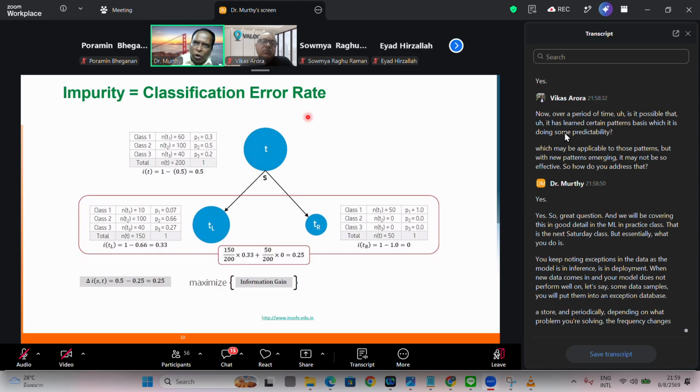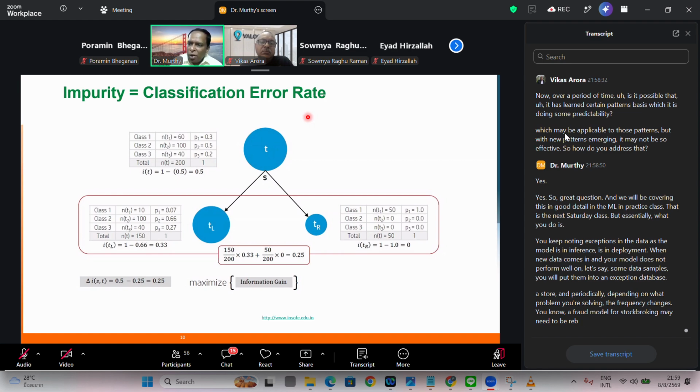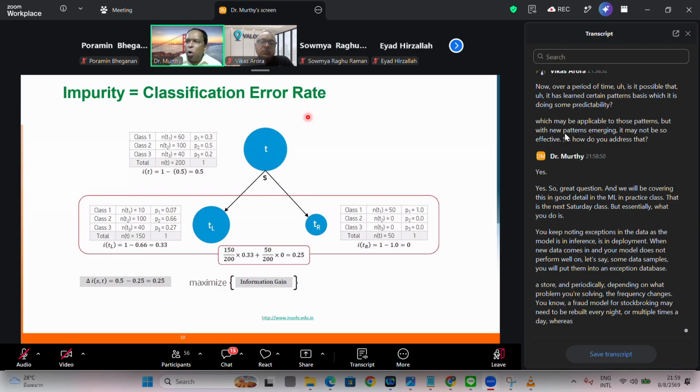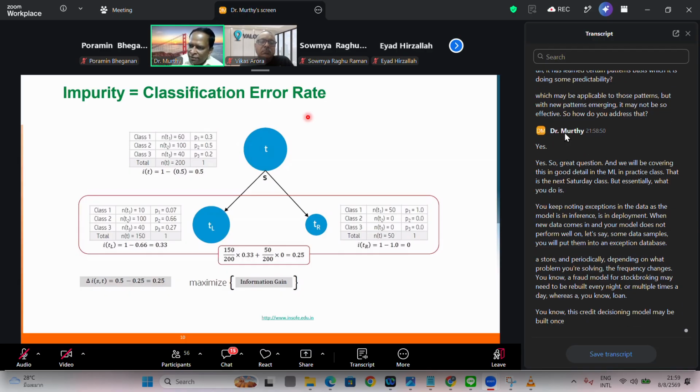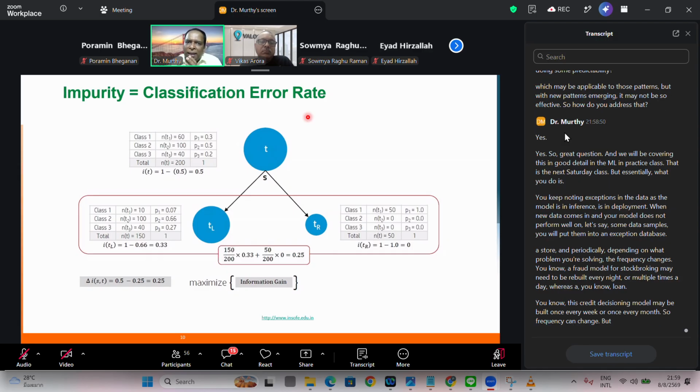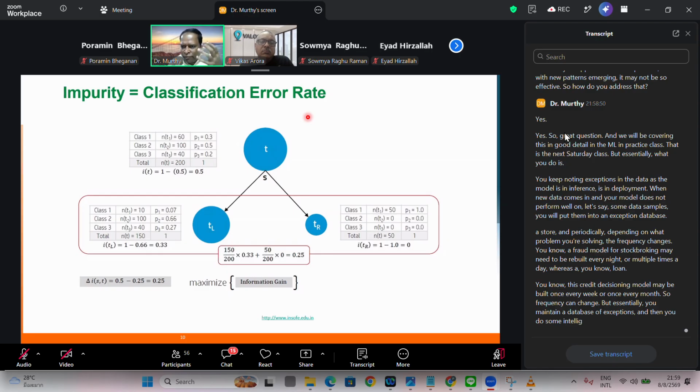A fraud model for stockbroking may need to be rebuilt every night or multiple times a day, whereas a loan credit decisioning model may be built once every week or once every month. So frequency can change. But essentially, you maintain a database of exceptions, and then you do some intelligent sampling.